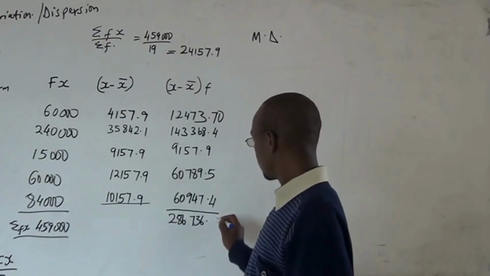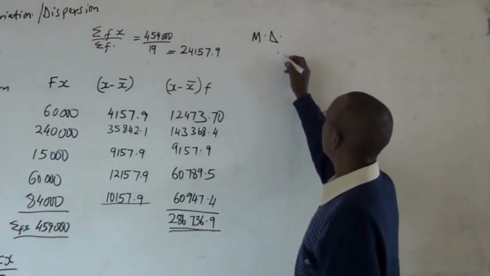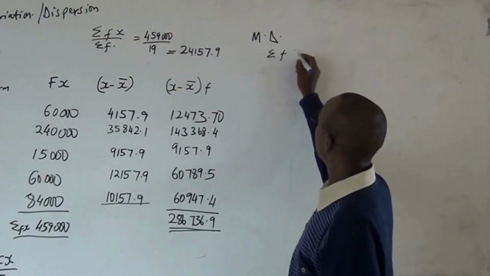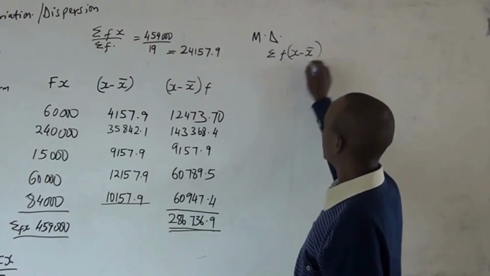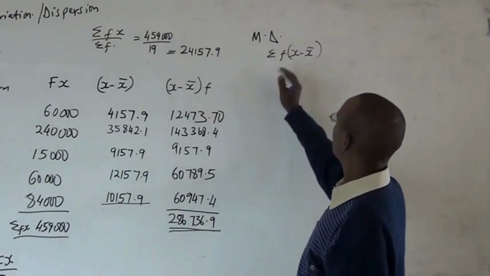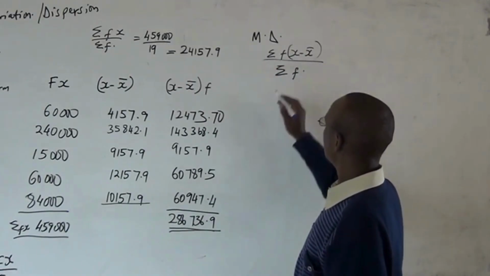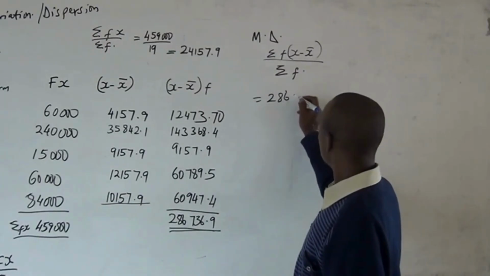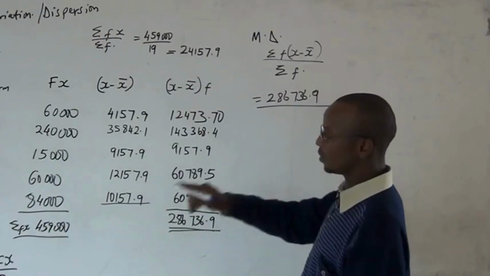736.9. Then here our mean deviation is the summation of f times x minus x bar, that is this column, divided by summation of f. So it is 286,736.9 divided by 19.